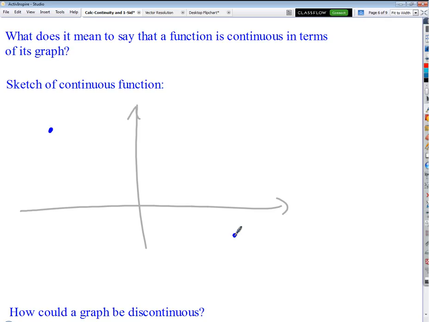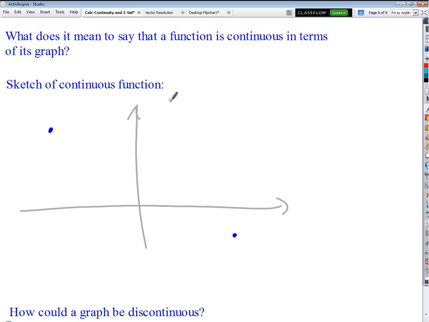It might go beyond, but maybe the function's only defined from this x value to this x value. We don't really care what happens to the left or the right of it for now. What I want to focus on is what's happening in here. First of all, if we are going to restrict ourselves to this being a function, what do I have to be careful of?